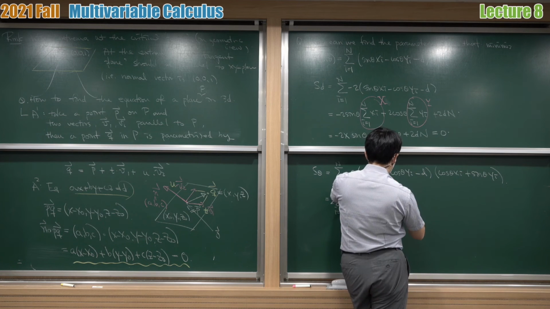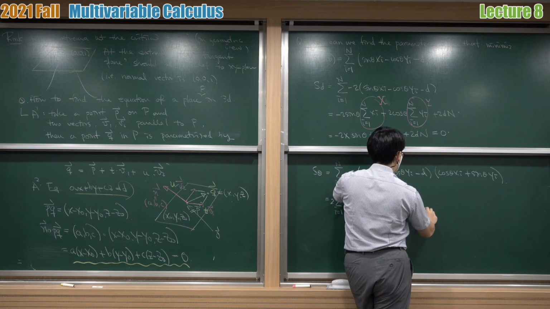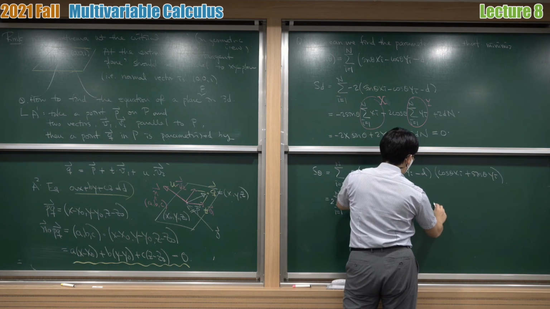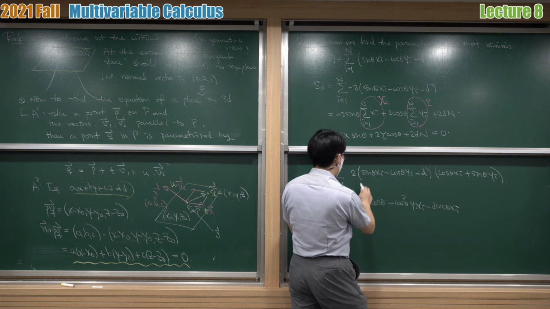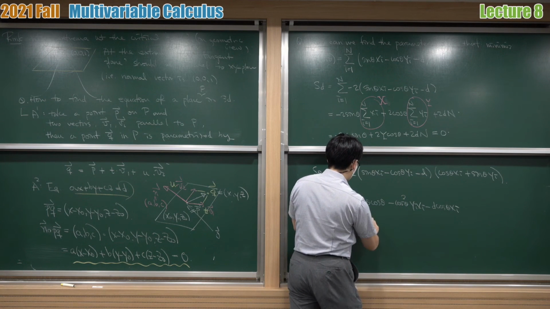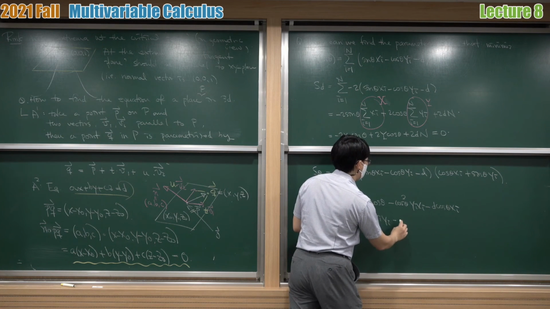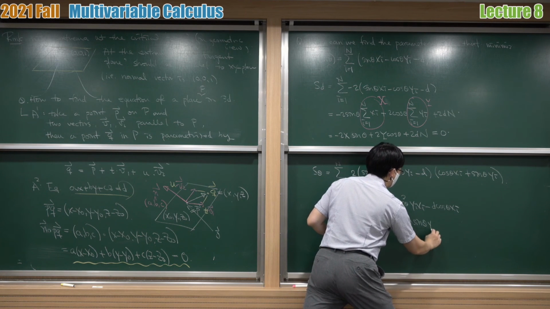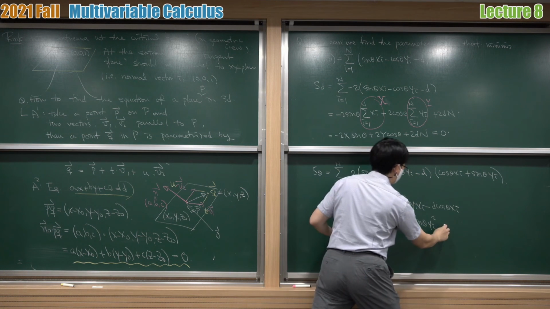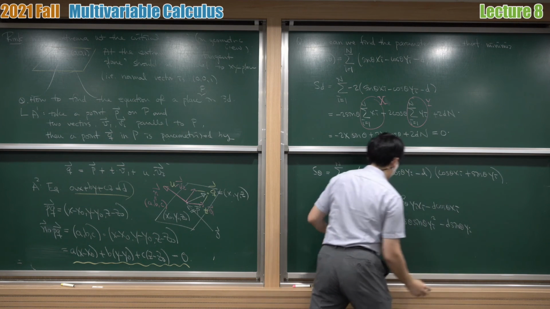Let's write it all down here: cosine square theta yi xi, and minus d cosine theta xi. And here we have sine square theta xi yi, minus cosine theta sine theta yi square, and minus d sine theta yi, right?